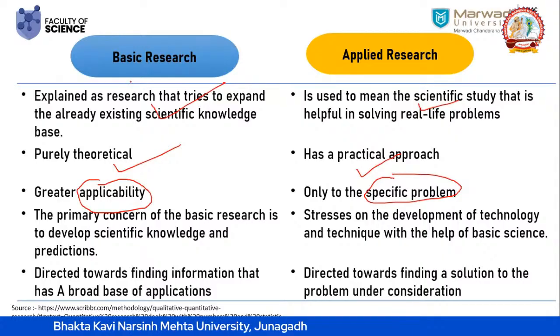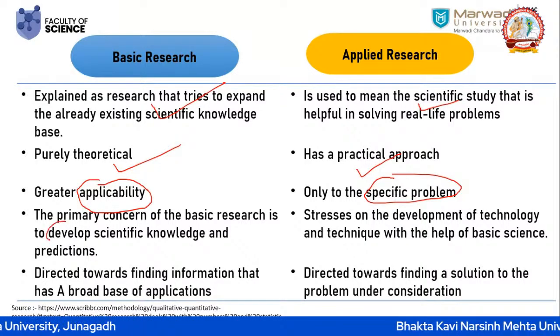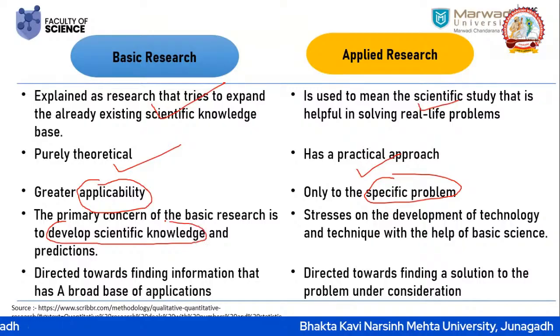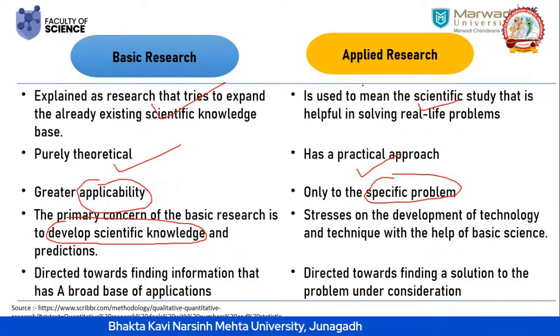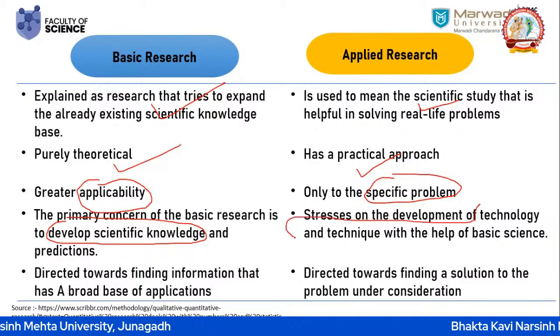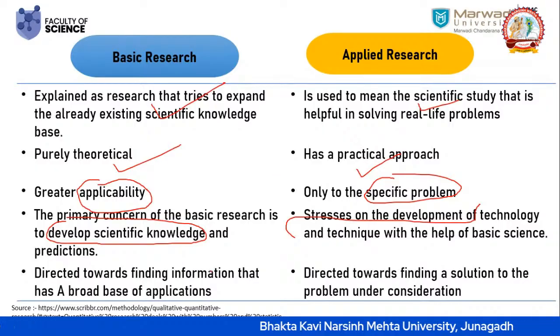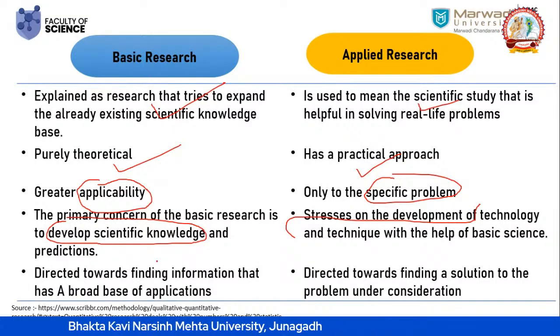Okay, if we discuss the basic research, it will give you scientific knowledge and prediction. But applied research will give the new technology and techniques which might be useful for the basic research. Generally the basic research is directed toward finding the information.